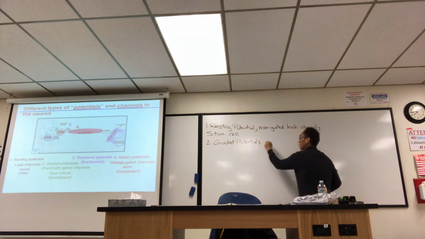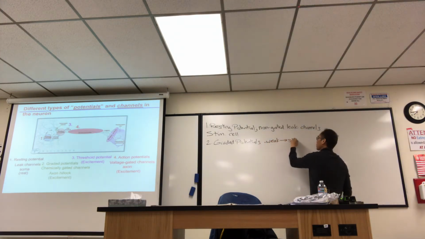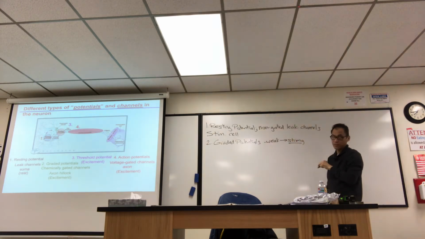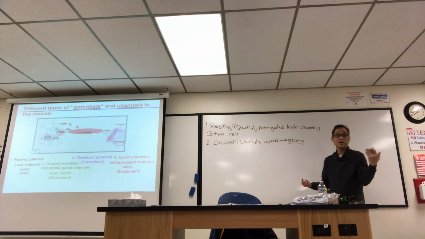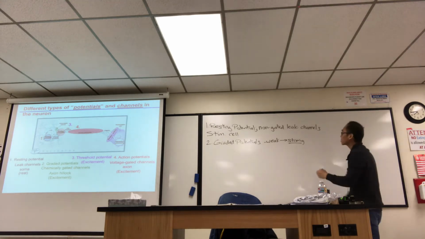So these can be weak to strong. And if it's strong enough, you might trigger an action potential. That's the key. All right, so you've heard of this before, the AChR, you've heard of that. That was on the previous test. And that's what we're going for here. These are dependent upon those ligand-gated channels binding the ACh, and then you let sodium influx.